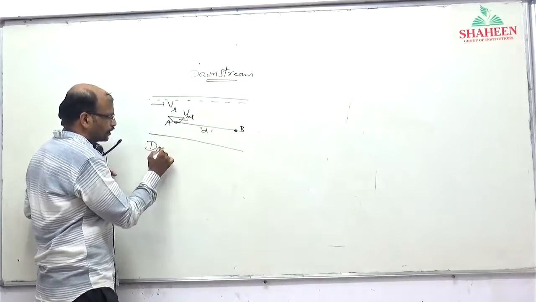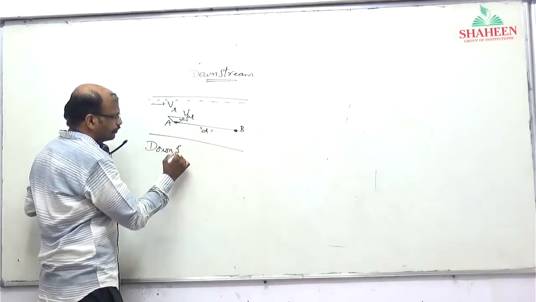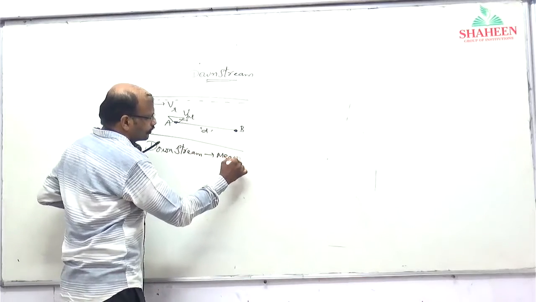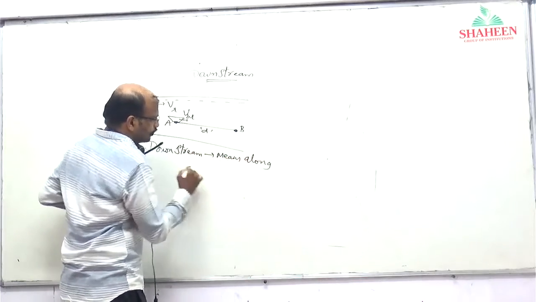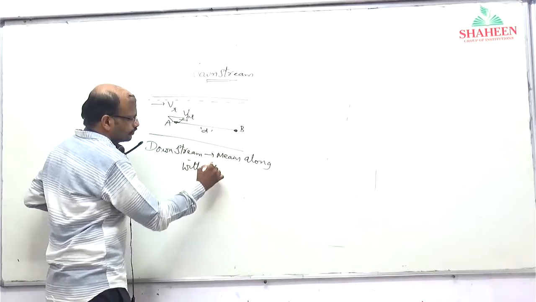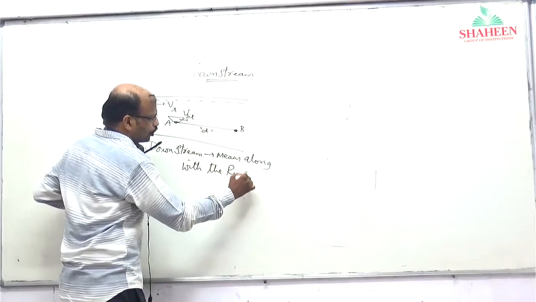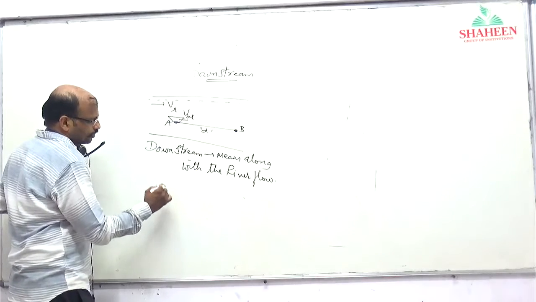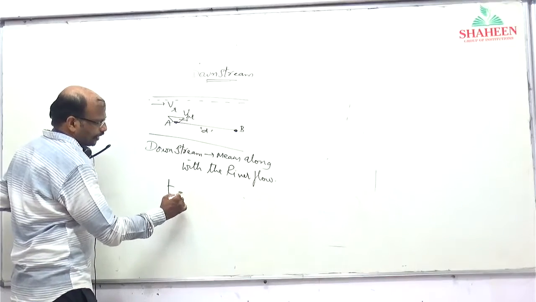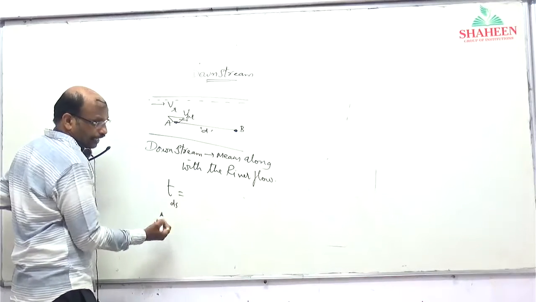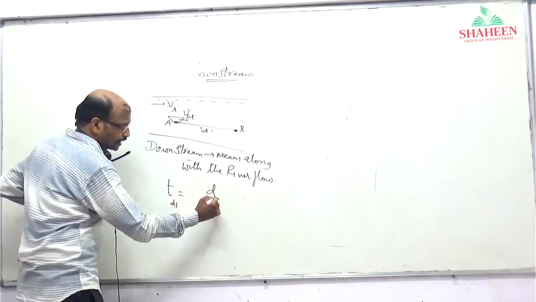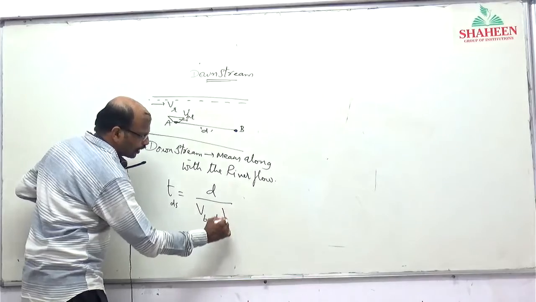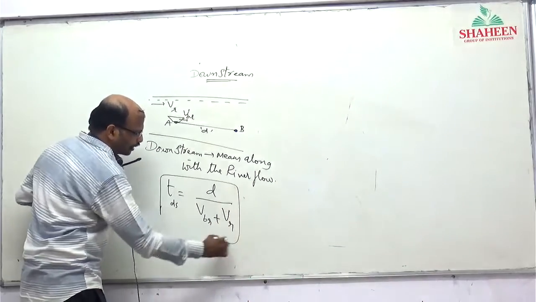So understand this point first. Downstream means along with the river flow. So time taken in downstream, ds, is distance between A and B by VBR plus VR, because both are moving in the same direction.